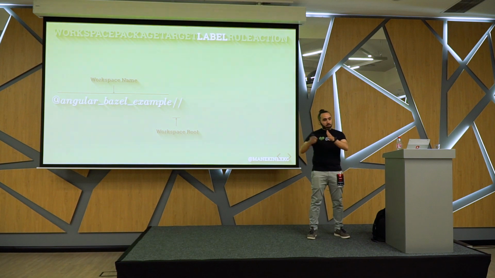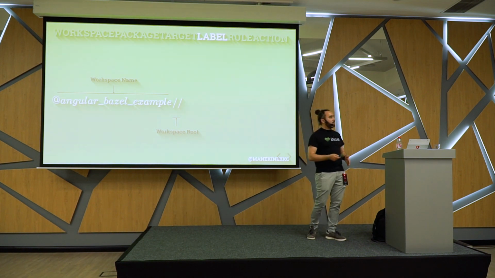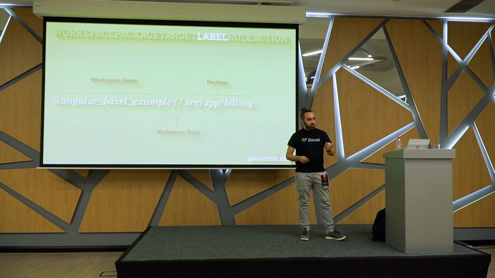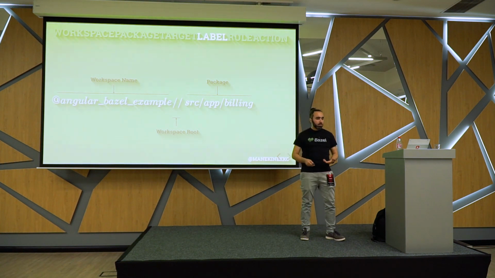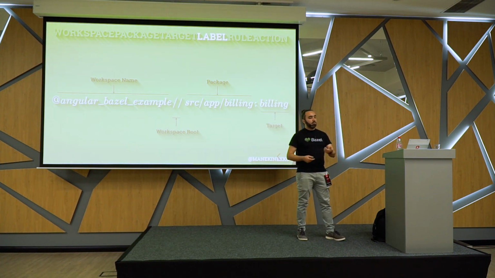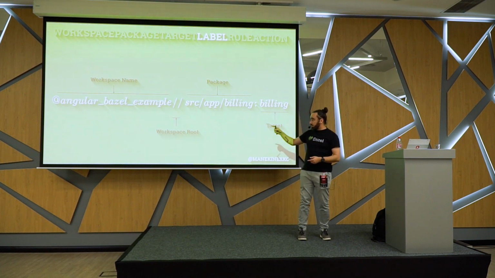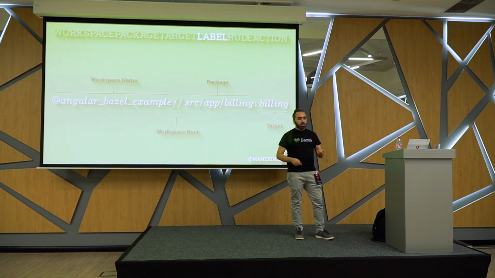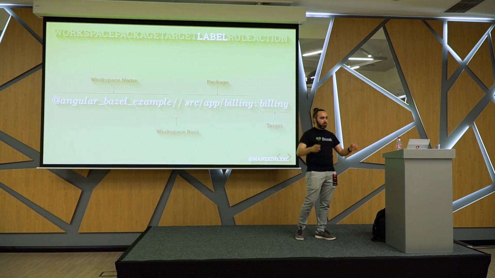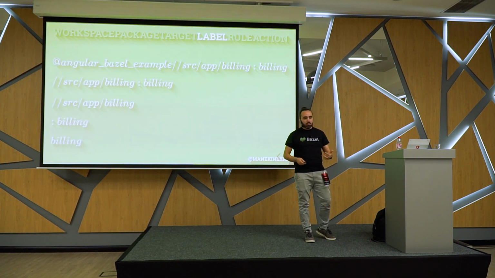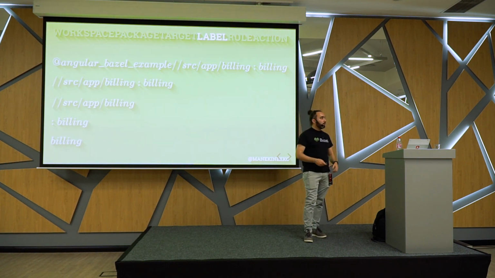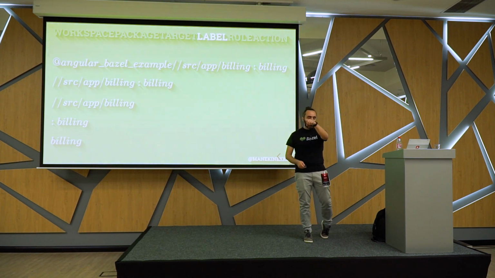Then we have the root workspace with //. Then we have the name of the package, which is the feature we're building, and the name of the actual target. This is the canonical, absolute name of a label. But you can also have different shortcuts. You can ask me a question about this after the talk.